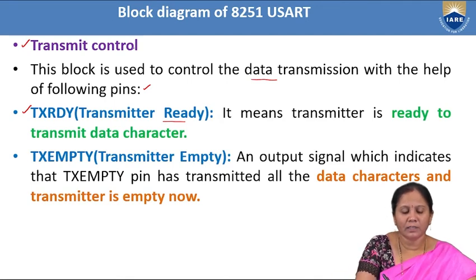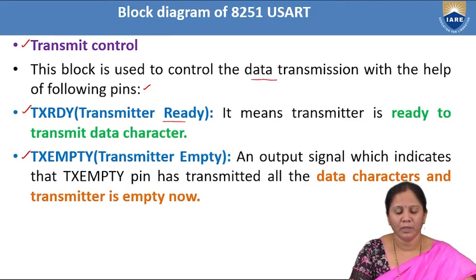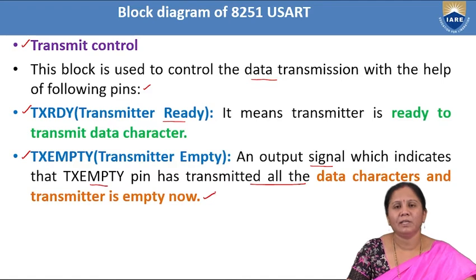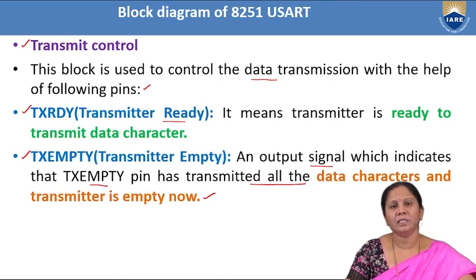And the next signal connected to this transmit control block is TXEMPTY. TXEMPTY represents transmitter empty. This signal is an output signal which indicates that the transmitter has transmitted all the data characters and is empty now. After sending all the data in the transmitter section, this TXEMPTY signal will automatically be enabled.